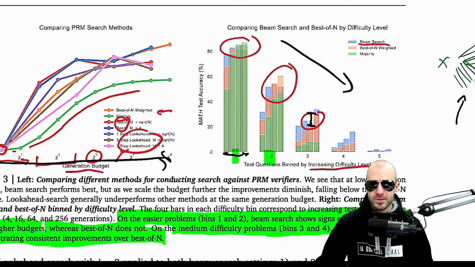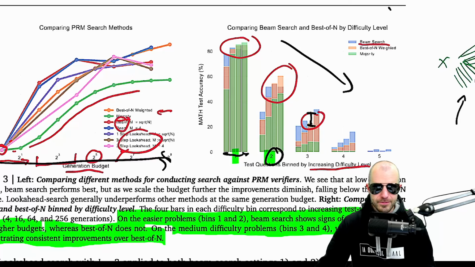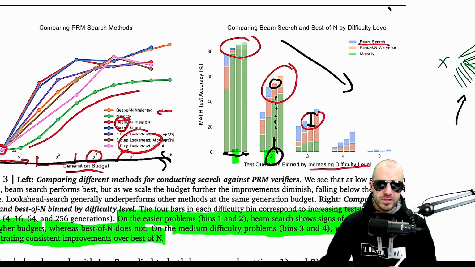So what's the conclusion? The conclusion is essentially there's no one-stop shop. If you get one of their problems, you have to determine first its difficulty. Then you have to go look in the appropriate bin. Then you have to see what your budget is. That determines your column right here. And then you can decide by looking at their experiments what's the most optimal thing to do in your particular situation.